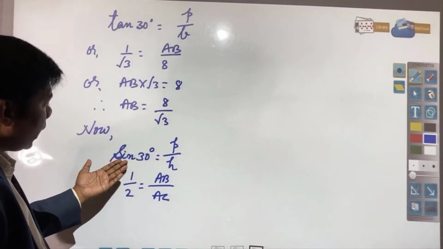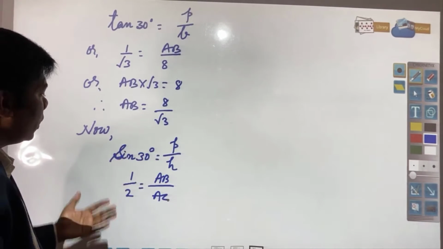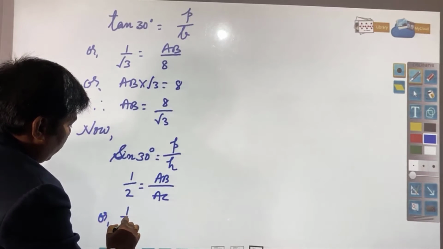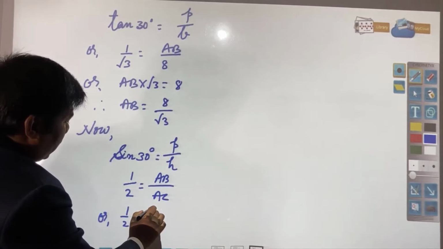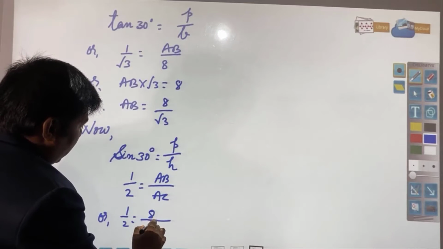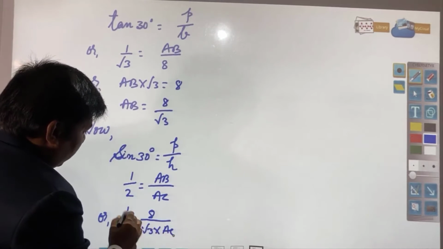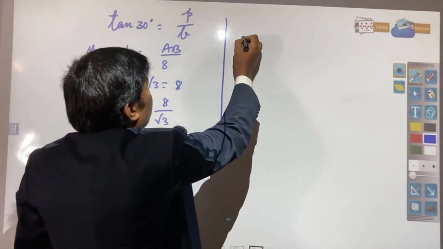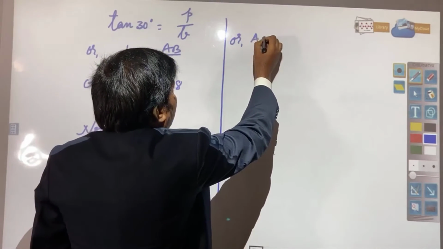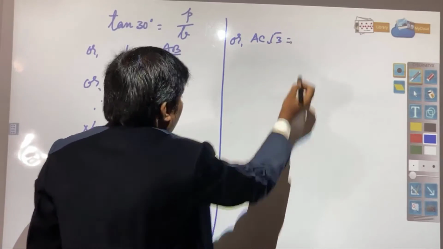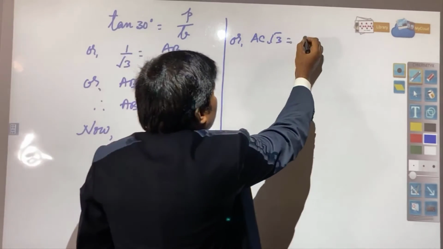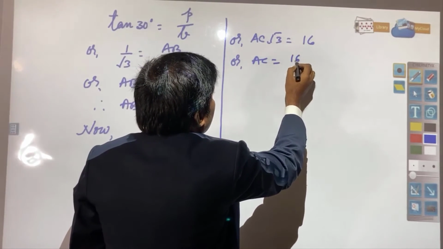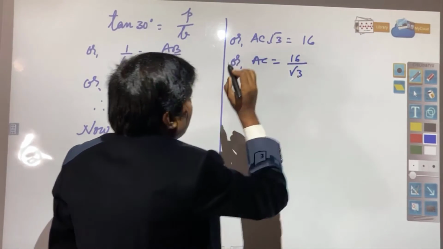So either with sin or cos you can find out this. So this will be 1 by 2 is equal to AB we have got 8 by root 3 into AC. Cross multiplication you do, what you will get? AC root 3 is equal to 8 into 2 means 16, or AC will be equal to 16 by root 3.